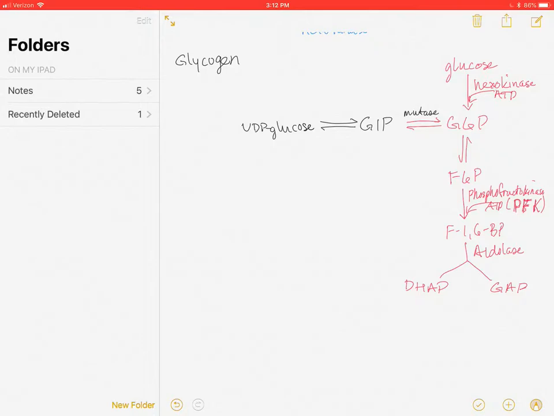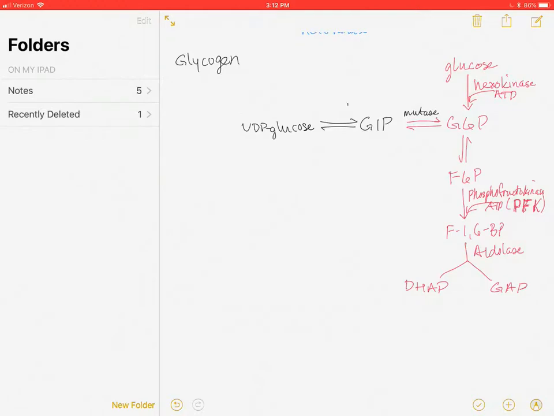And UDP glucose, UDP is just like an ADP, except instead of having an adenine, it's got a uracil with 2 phosphates on it. And that is a small molecule that's attached to the glucose, and the UDP is like a good leaving group. So we can think of glucose as being activated. A reaction like an SN2 reaction can happen to it.